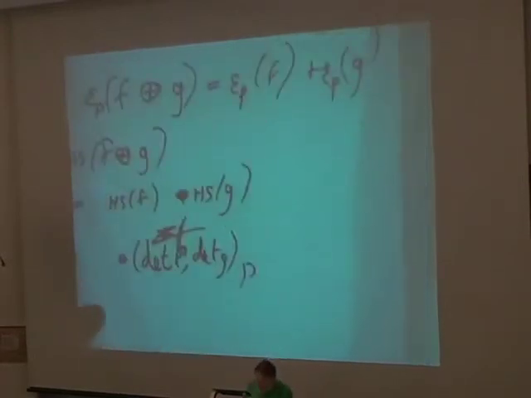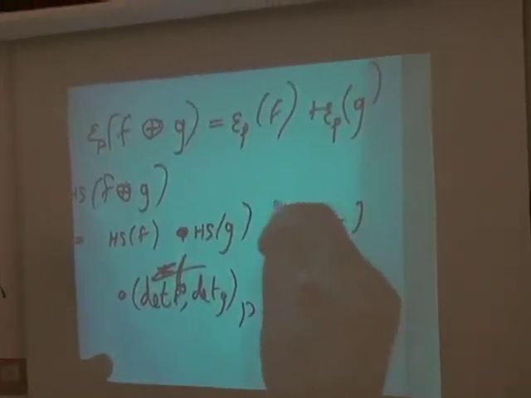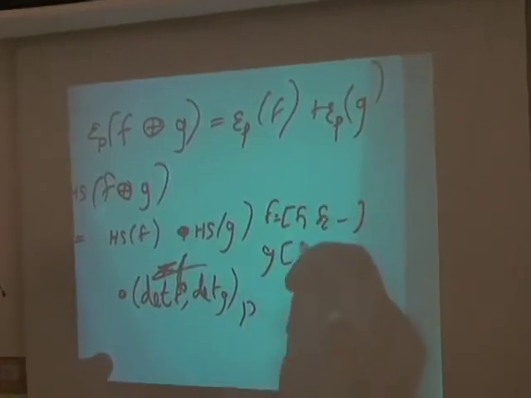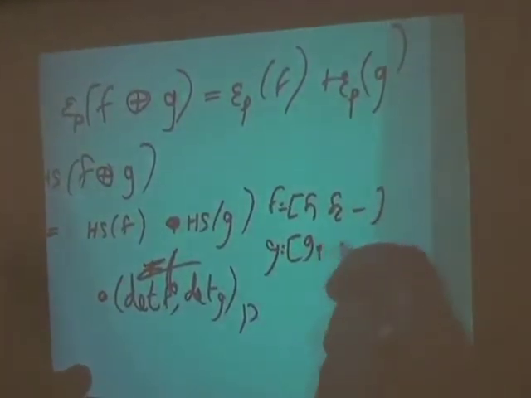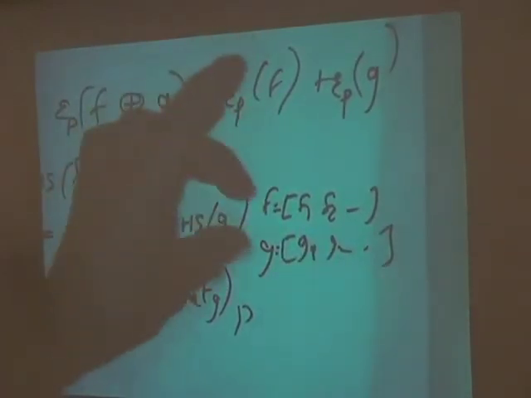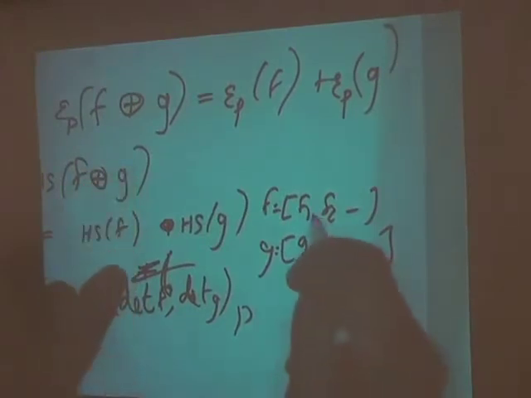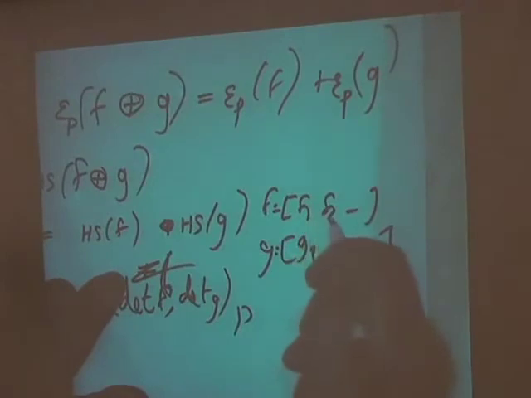Let's discuss what happens here. F is F1, F2, F3, and G is, say, G1, G2, G3. And what do we have to do? We have to take the product of all the Hilbert symbols. To get this one, we have to take the Hilbert symbols of the F's with each other. That's a triangular number. And the Hilbert symbols of the G's with each other.